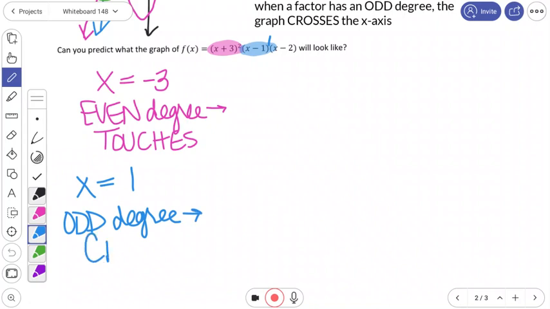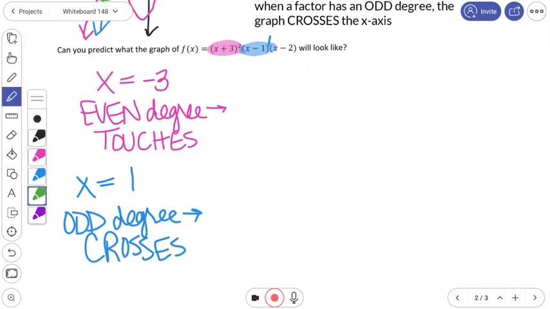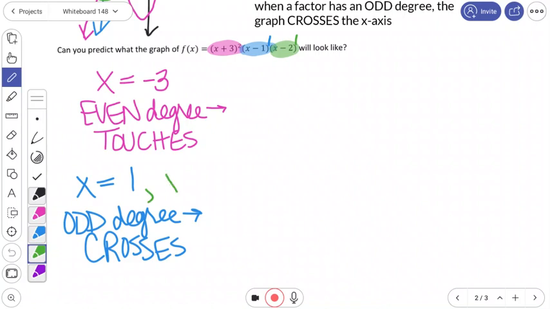It actually crosses our x-axis. And then I look at this last factor, x minus 2. X minus 2 is being taken to the first power as well. So that's another odd degree. So I know my graph is also crossing right here at x equals 2.